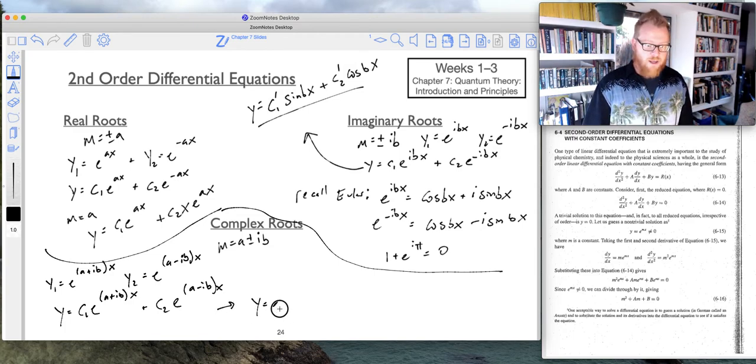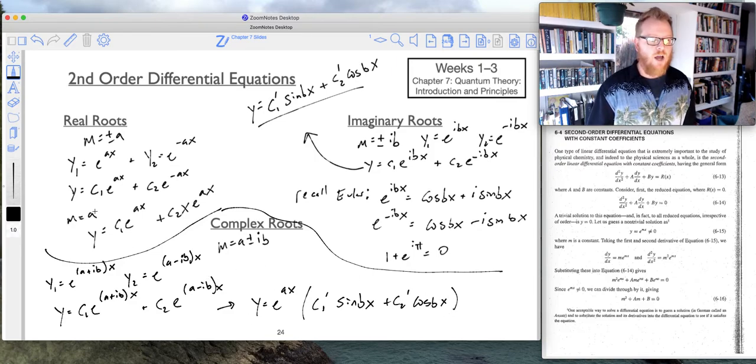It will go as y equals e to the ax times c1 prime, which is different than the c1, sine bx plus c2 prime times cosine bx. So I'm going to box now all of our general solutions that I want you to keep in mind.